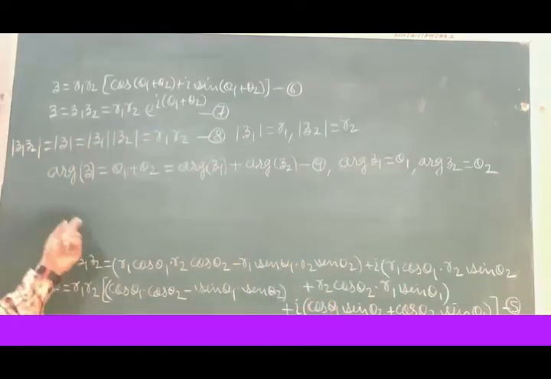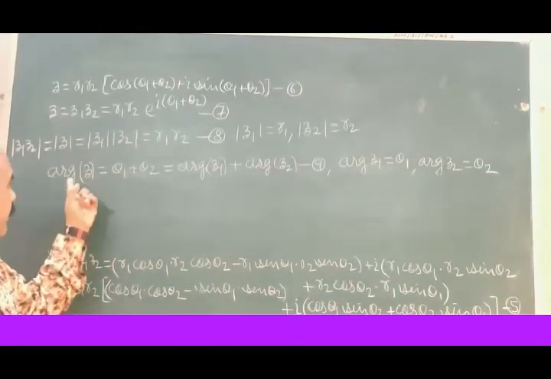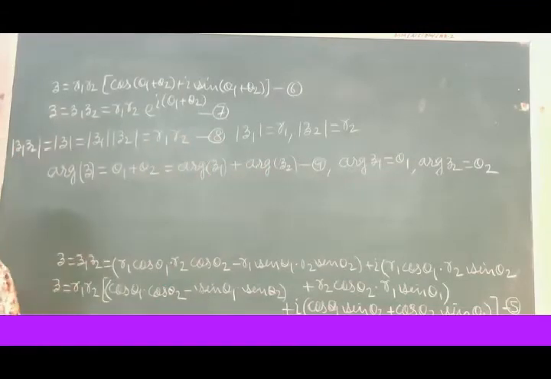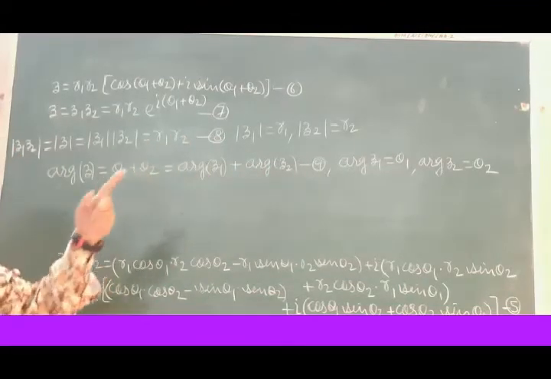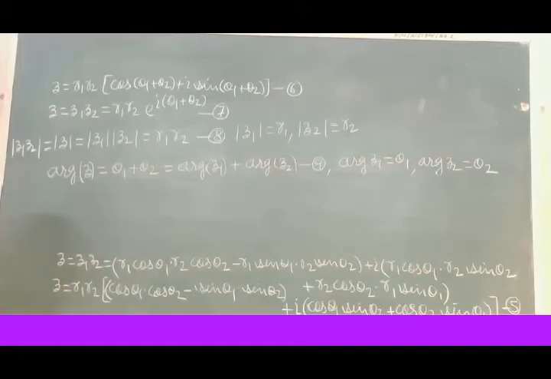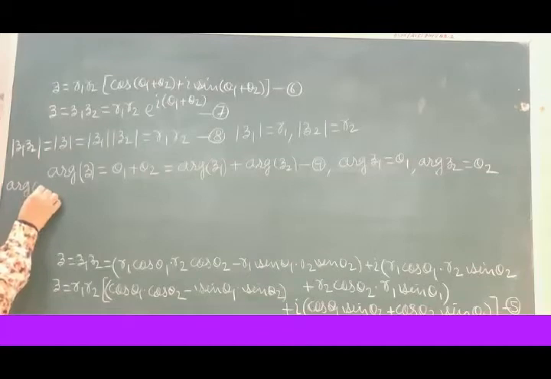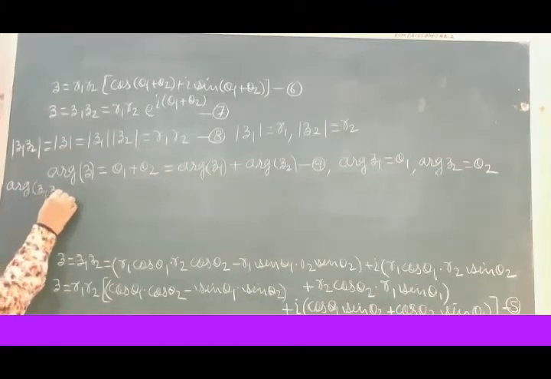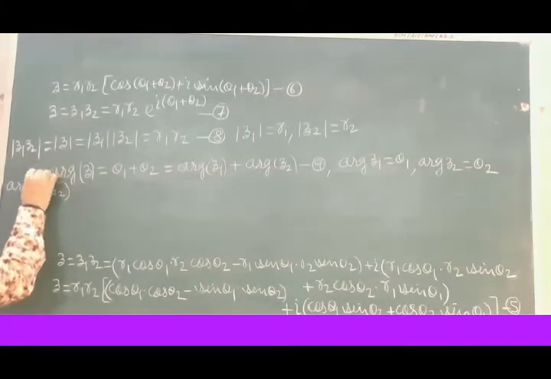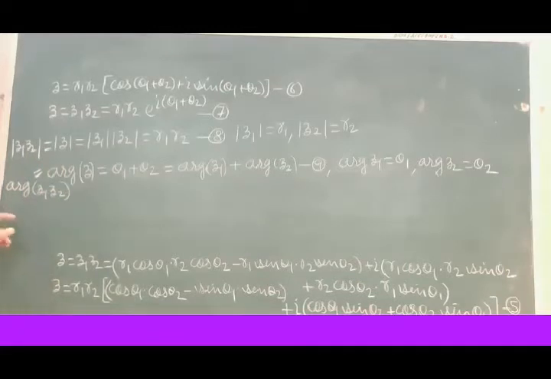Let us observe equation 9. When we observe equation 9, what do we find? Argument of the product of two complex numbers, how can it be written? Argument of z1 into z2 is equal to argument of z, because z is z1 into z2.